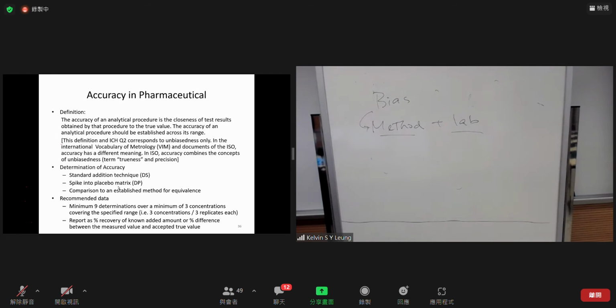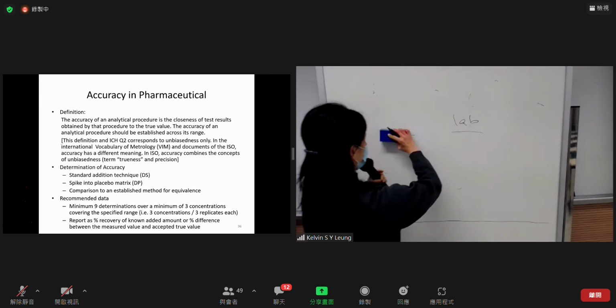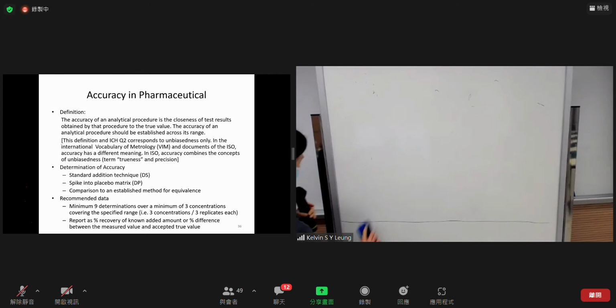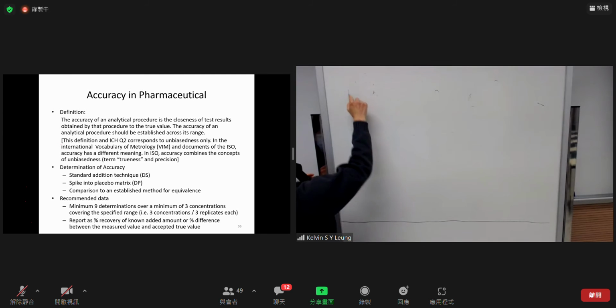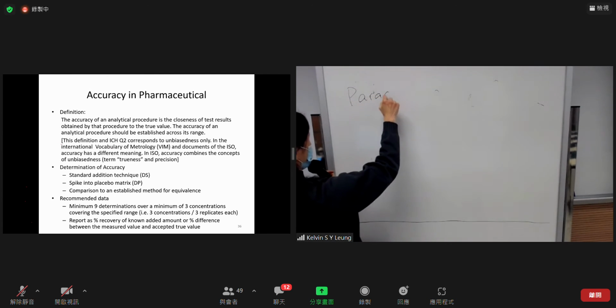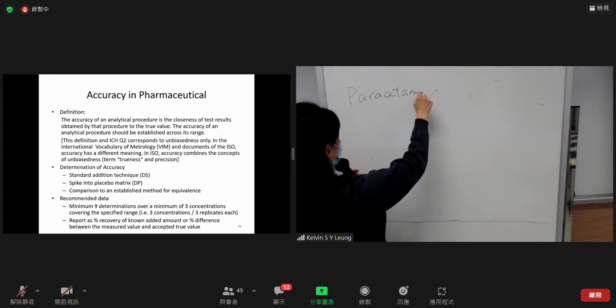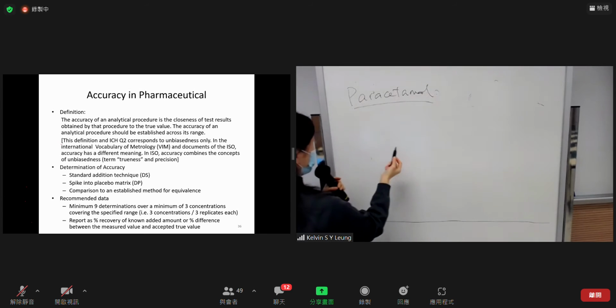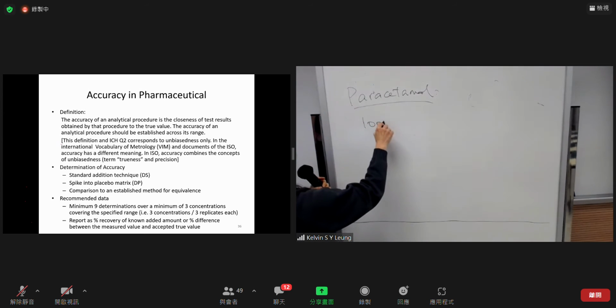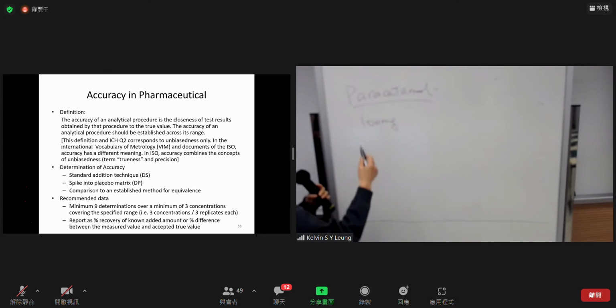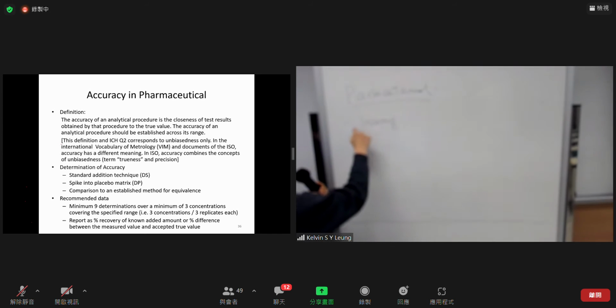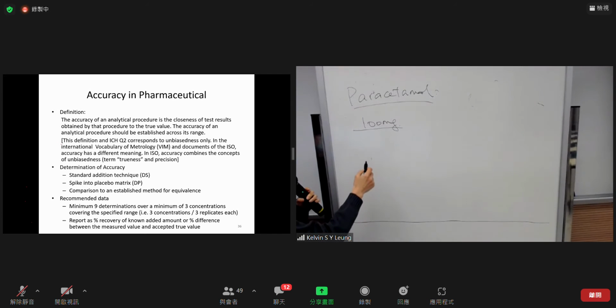Okay, so but in the preparations, let's say if our paracetamol tablets, let's say if 100 milligram, okay, let's say my target is 100 milligram.